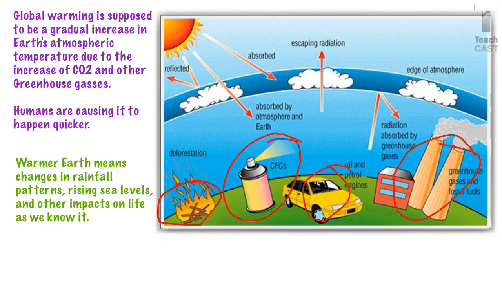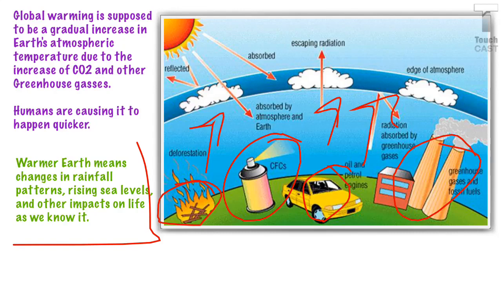And so all this just builds up. And a warmer Earth means changes in our rainfall patterns, rising sea levels, and who else knows what other kinds of crazy impacts on life as we know it.